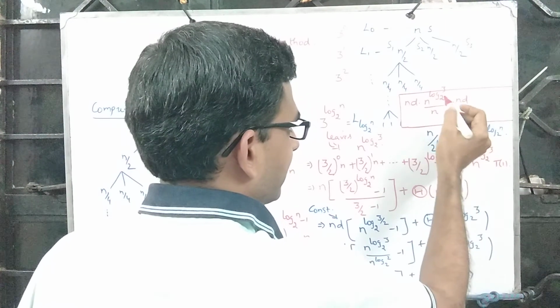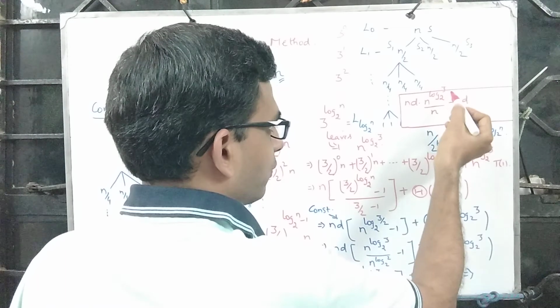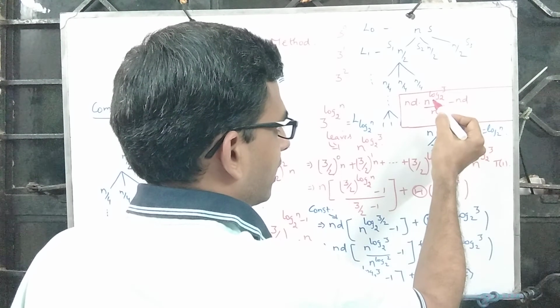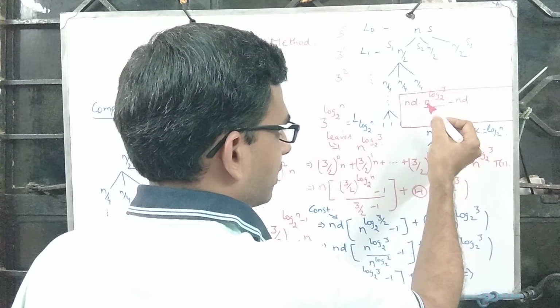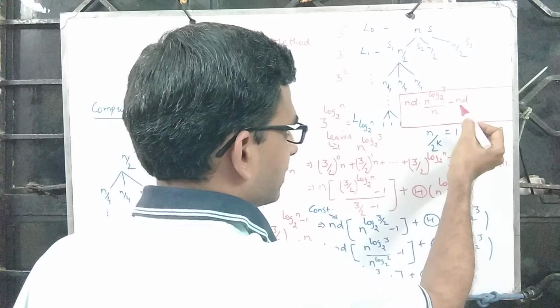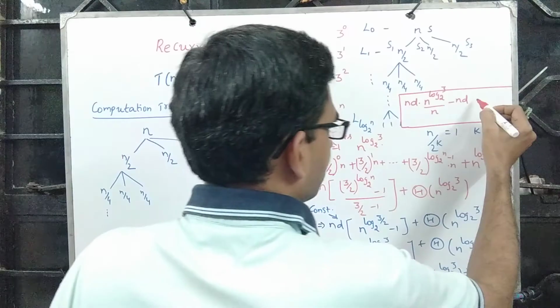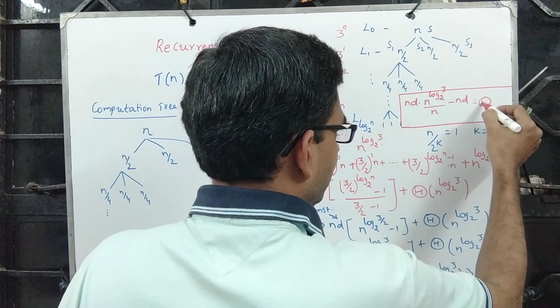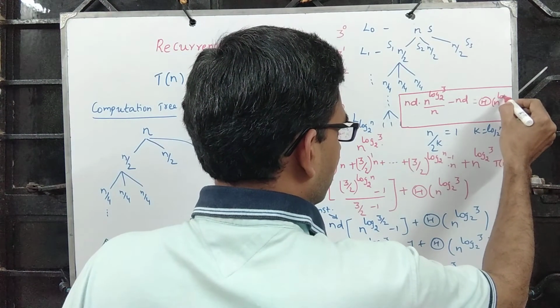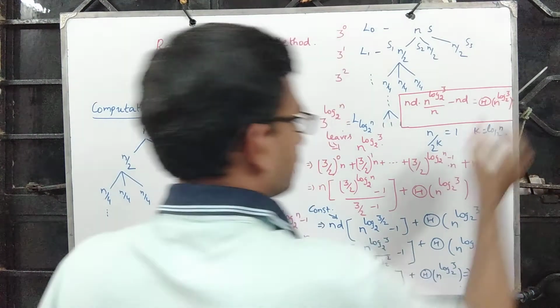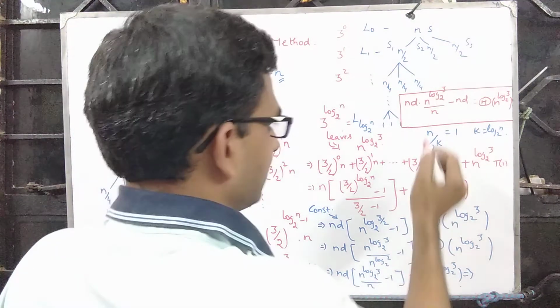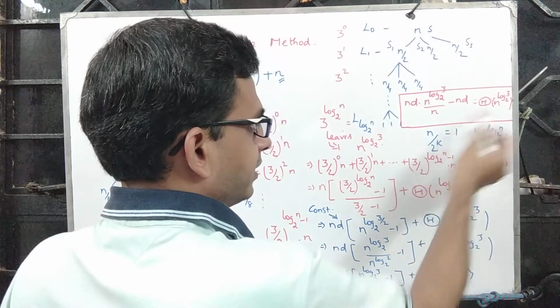and n power log 3 base 2 is something like n to the 1.4, 1.5 and so on, and that has asymptotic growth faster than n. So which means this value is theta of n to the power log 3 base 2. And it's something like n square minus n is theta of n square.